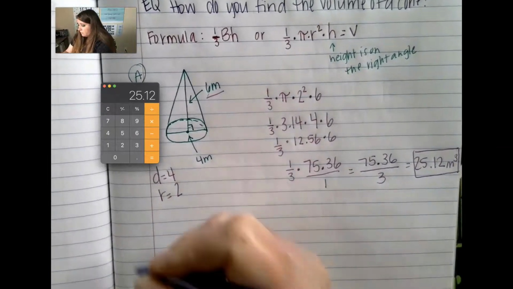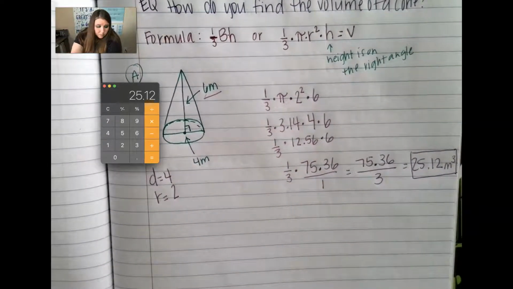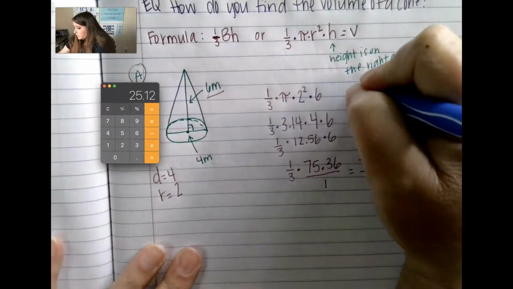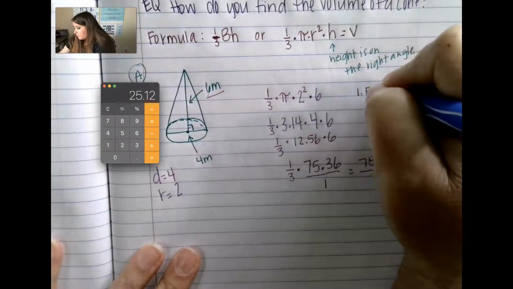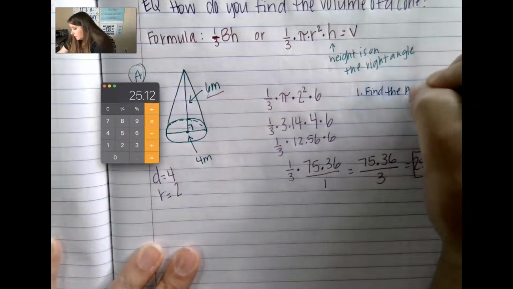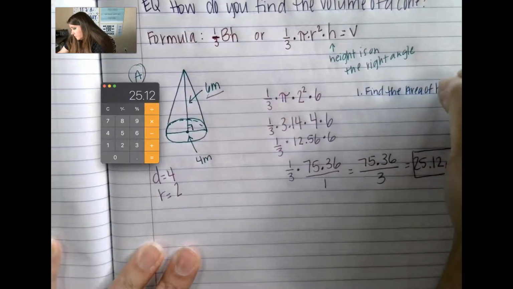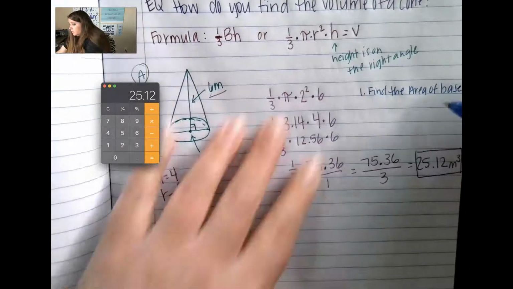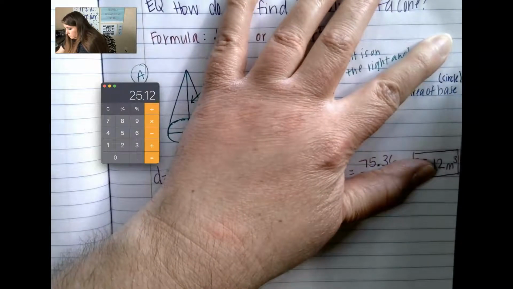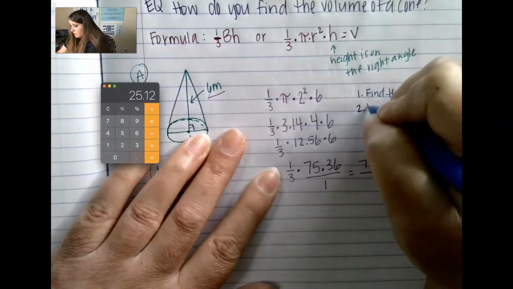So if we wanted to write out these steps before we do another problem, our first step would be to find the area of the base, or the circle. And then multiply by height.